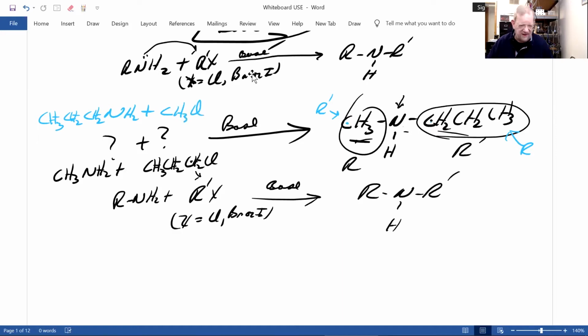That would be the answer if you said this is R prime and this is R. So the question is, which is correct? The answer is both of them are.